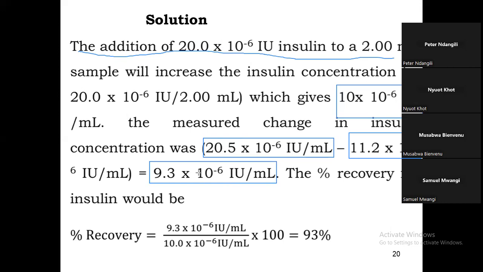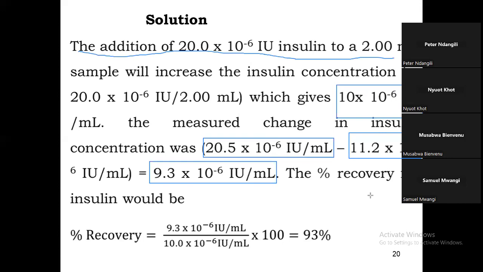Now, we know that 10 times 10 to the power -6 international units per milliliter is the actual amount of insulin that we spiked. When we carry out an analysis, we are only able to detect 9.3 times 10 to the power -6 international units per ml. So the question is, what is the percentage recovered?